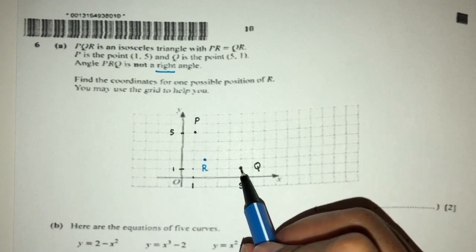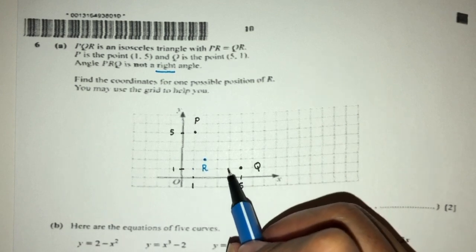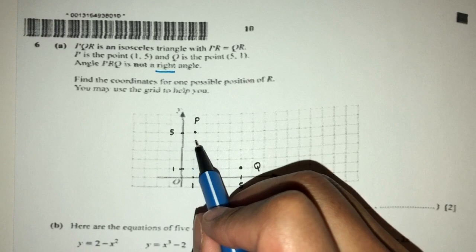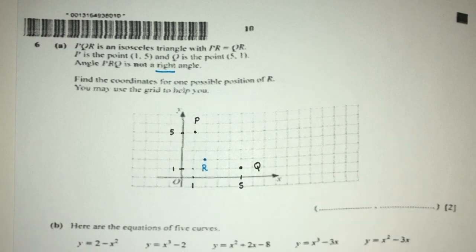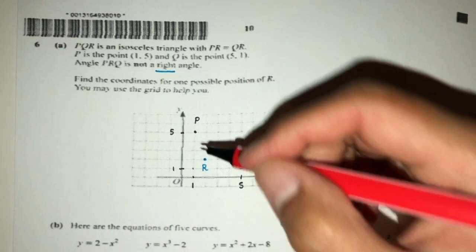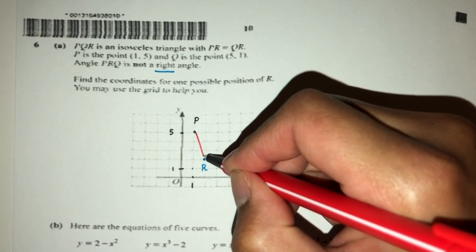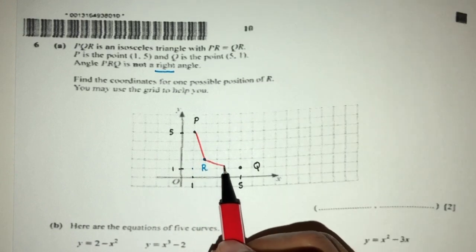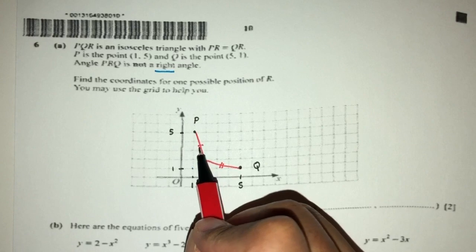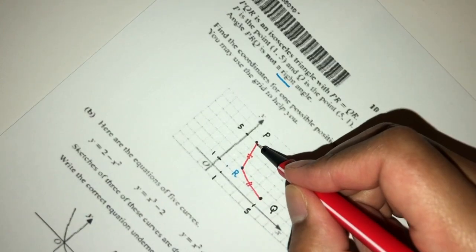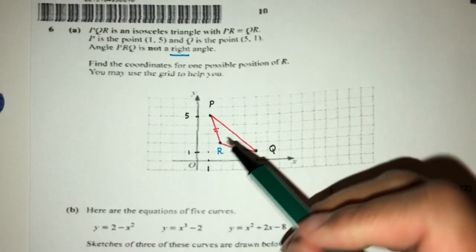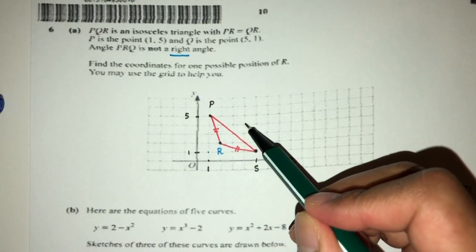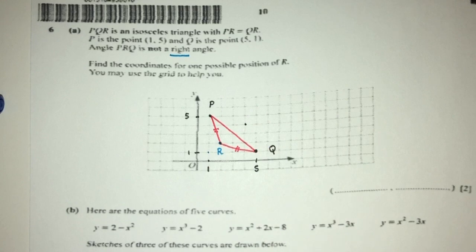As you can see, the distance here is 1, 2, 3, and 1, 2, 3. So this will be a good point for R. This will be equal, and it will form an isosceles triangle. Now again, there are many values that we can choose. It could be here. It could be here as well as one of the possible points for R.